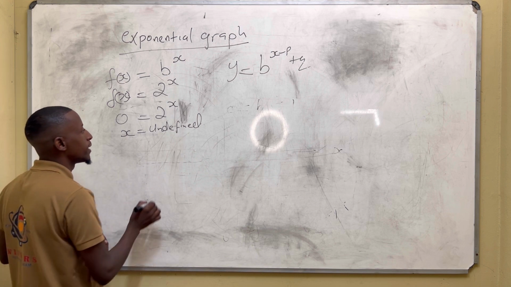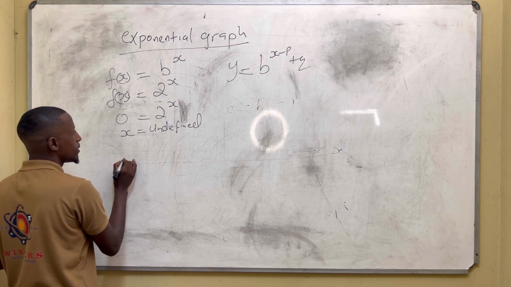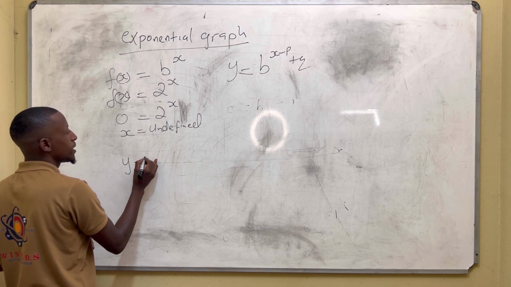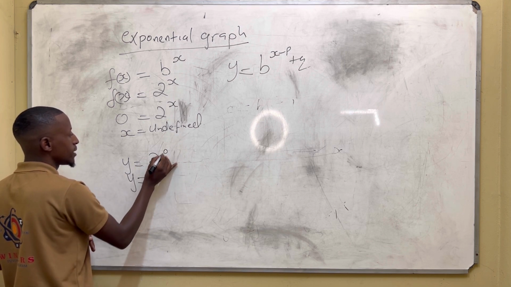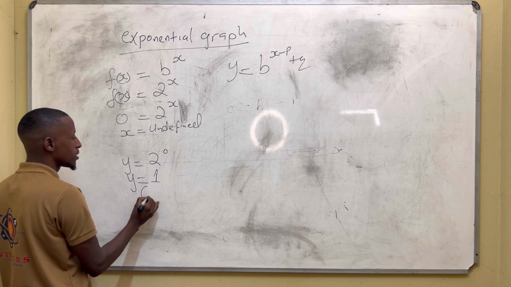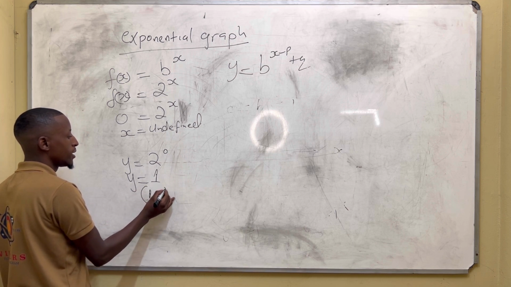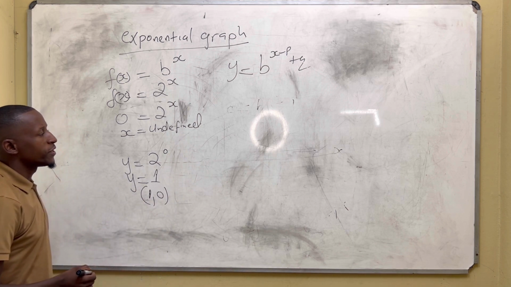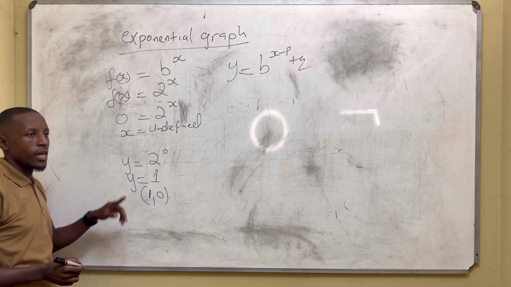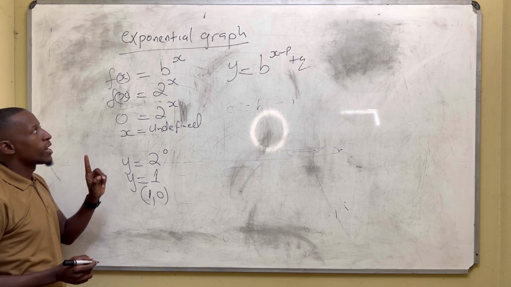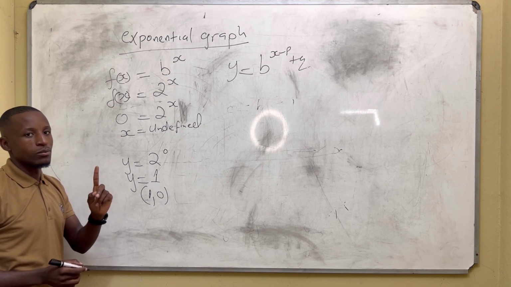We will explain that. So to get the y-intercept, you let x become 0. Wherever there is x, I place a 0. I'm going to get 1, so the intercept is (0; 1). But we know that an exponential graph has an asymptote like a hyperbola. But this one only has one asymptote.